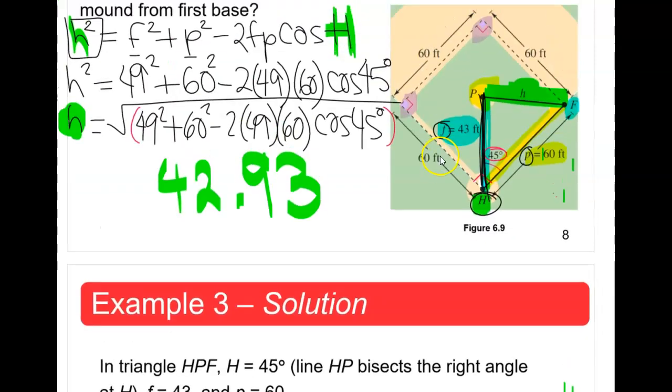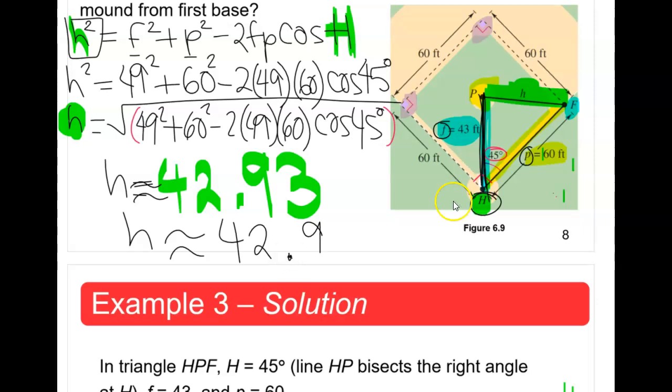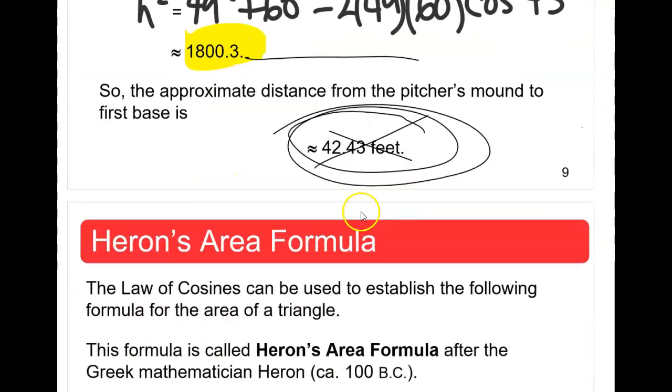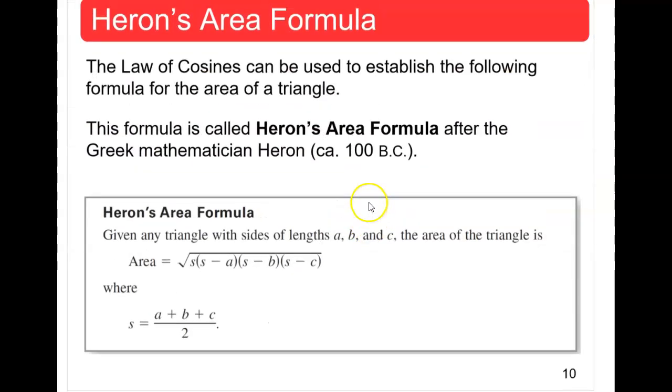So that was the distance of h. And so it will be 42.9. And so that will be the solution. So I'm not really agreeing with that one. I don't think Voivodstein would actually take it either.